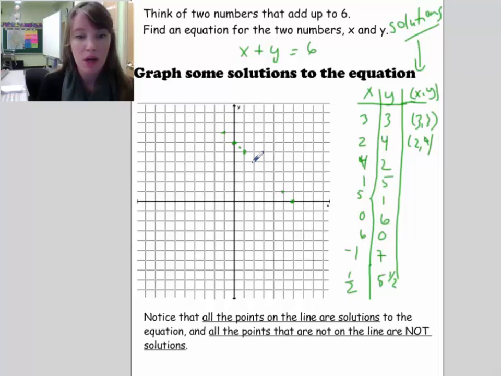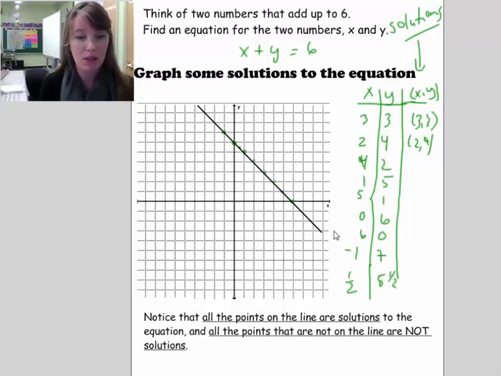That's another point. So what you're going to see is when you graph all these points, they actually land on this line. Okay? So I'm going to draw the line between these points. And not only are the points that we wrote down solutions, but there is an infinite amount of solutions. So I'm going to extend my line into the furthest areas of the graph that I've created here.